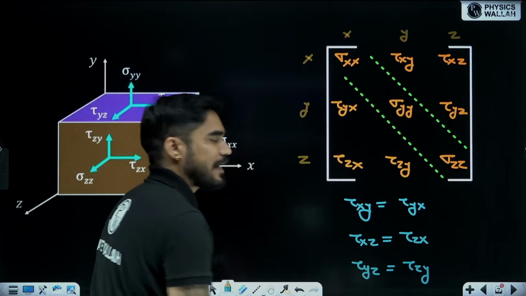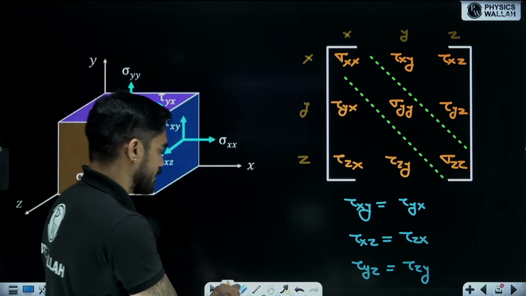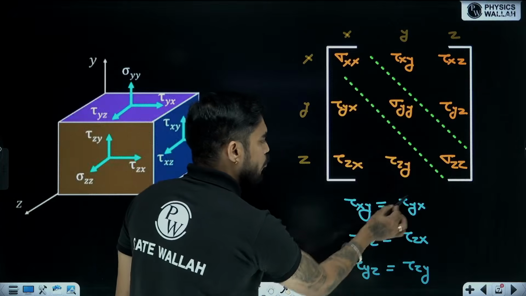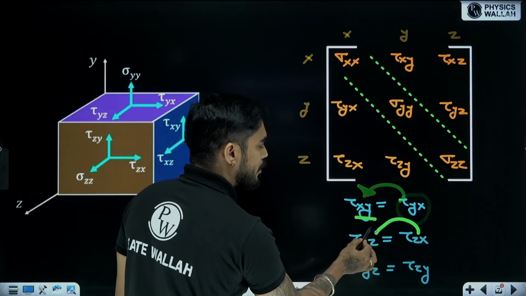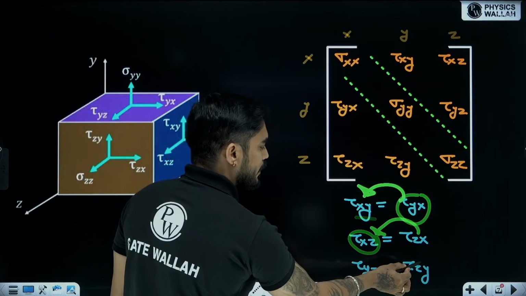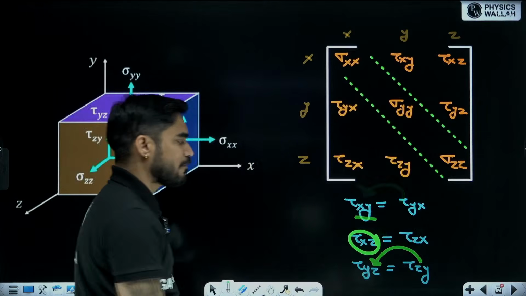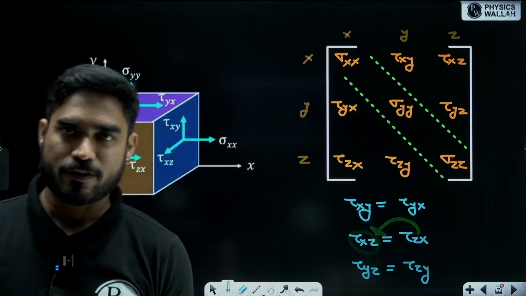This is known as complementary shear stress, right? Tau YX is the complementary of tau XY, tau ZX is the complementary of tau XZ, tau ZY is the complementary of tau YZ. Okay.